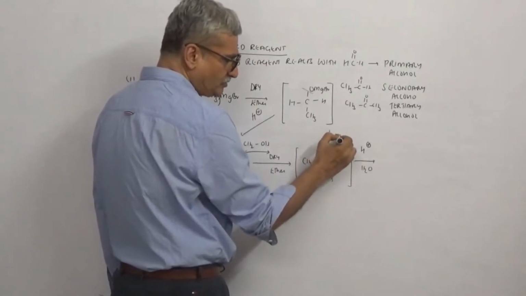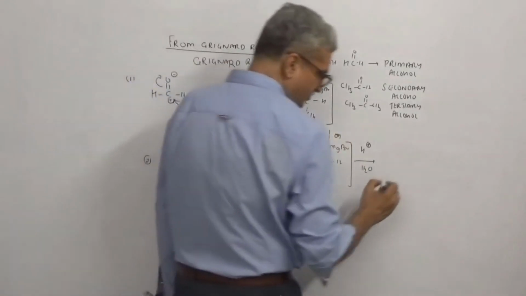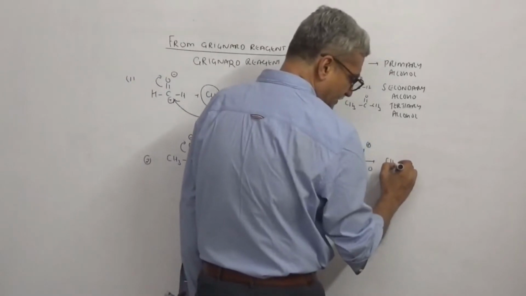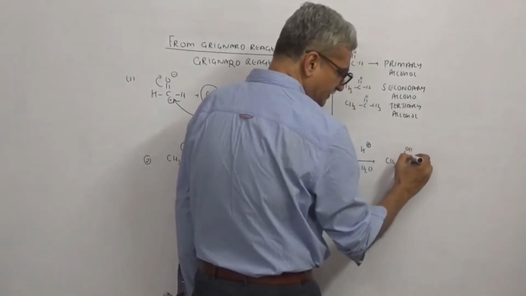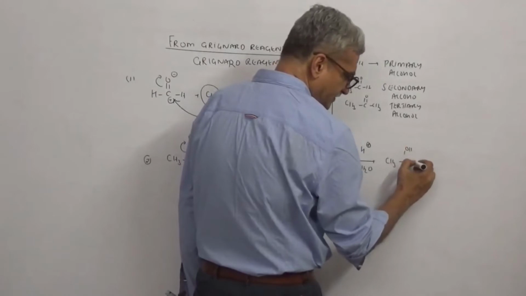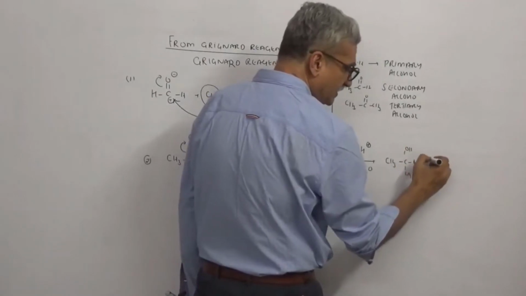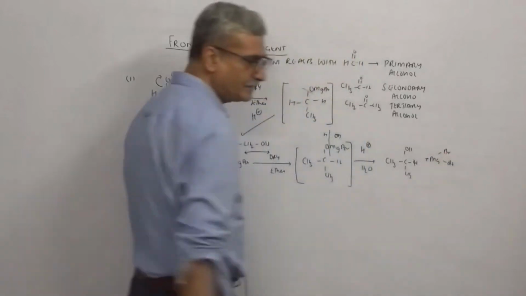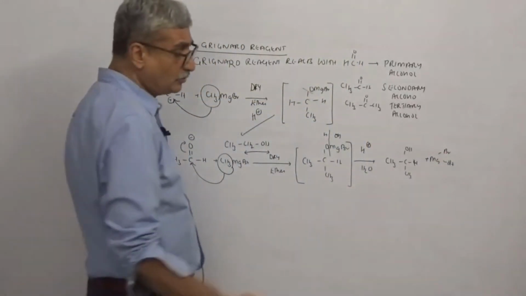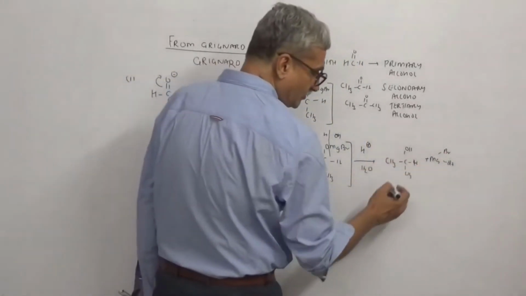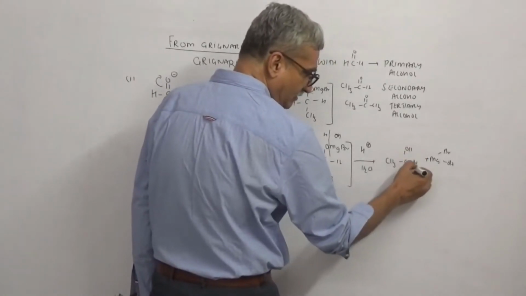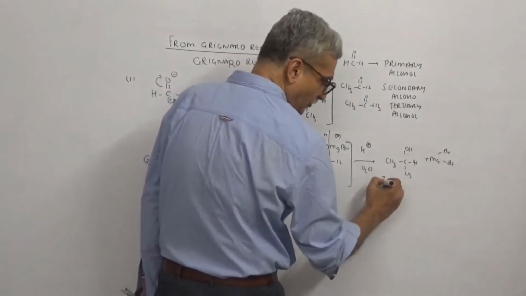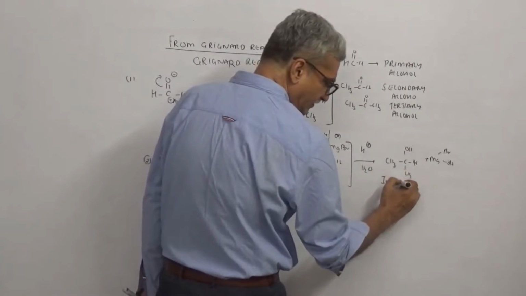This becomes OH, this becomes H. So you will get CH3CHOH plus MgBrOH. The characteristic group of a secondary alcohol is the CHOH group. So this is isopropyl alcohol, a secondary alcohol.